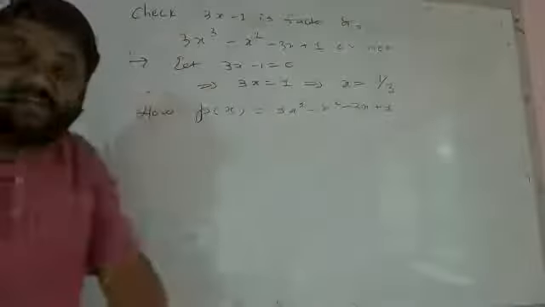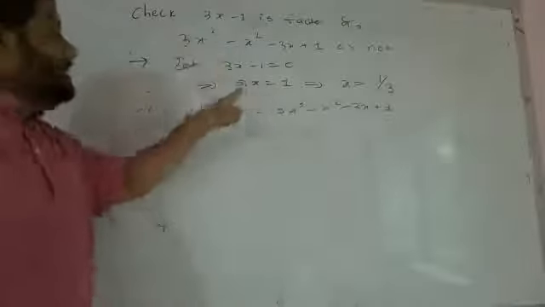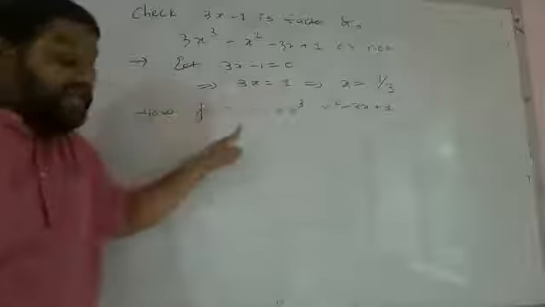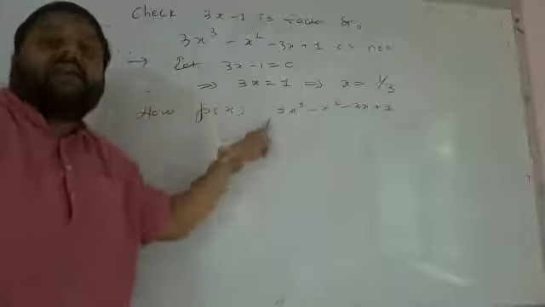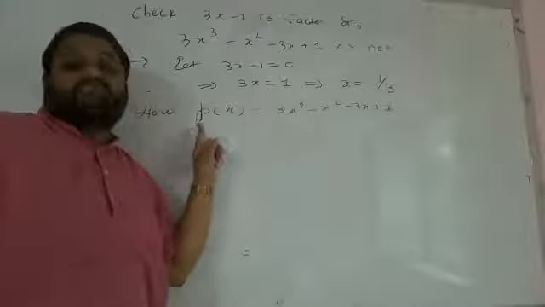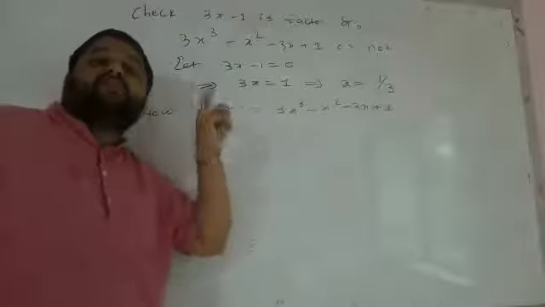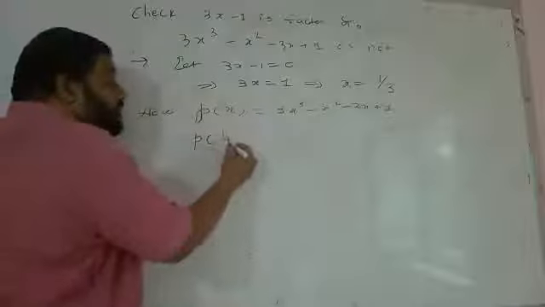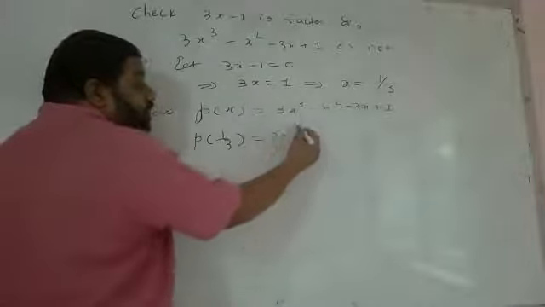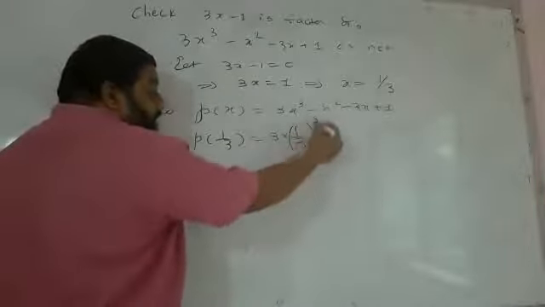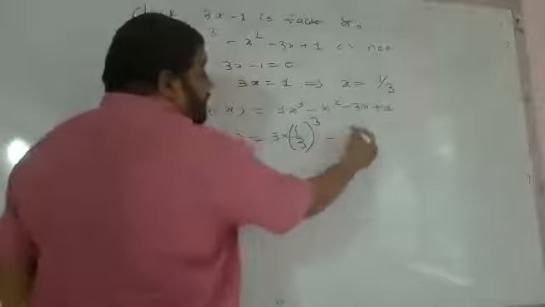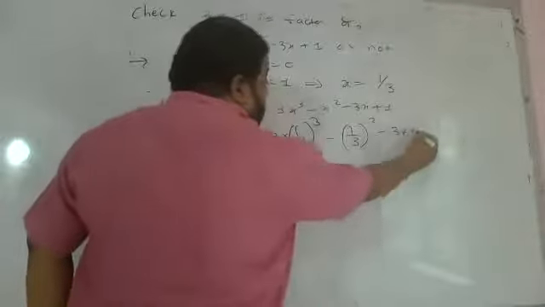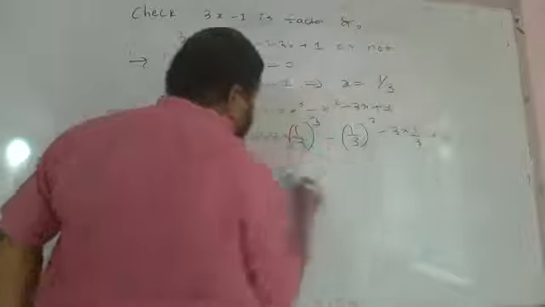We will put x is equal to 1 by 3 in place of x in p of x. So p of 1 by 3 is equal to 3 into (1 by 3) cubed minus (1 by 3) squared minus 3 into 1 by 3 plus 1.